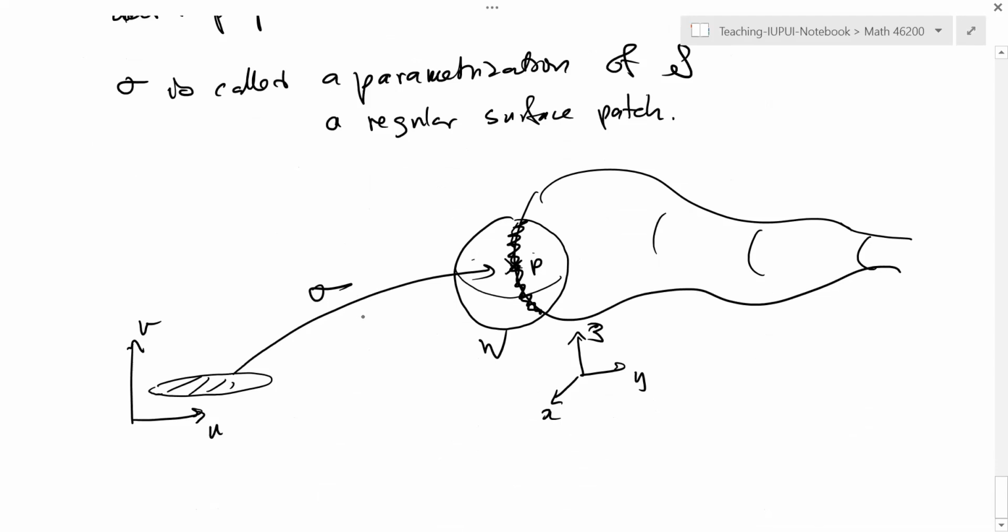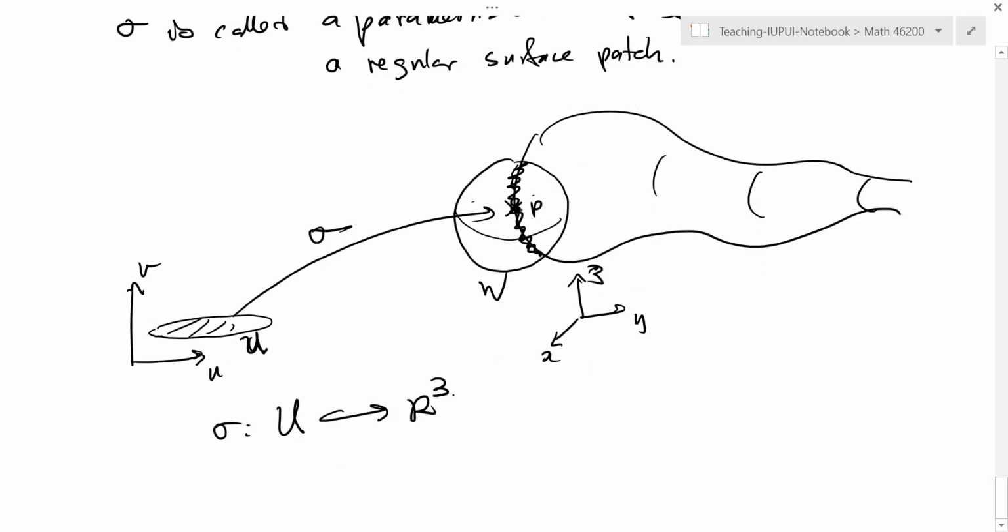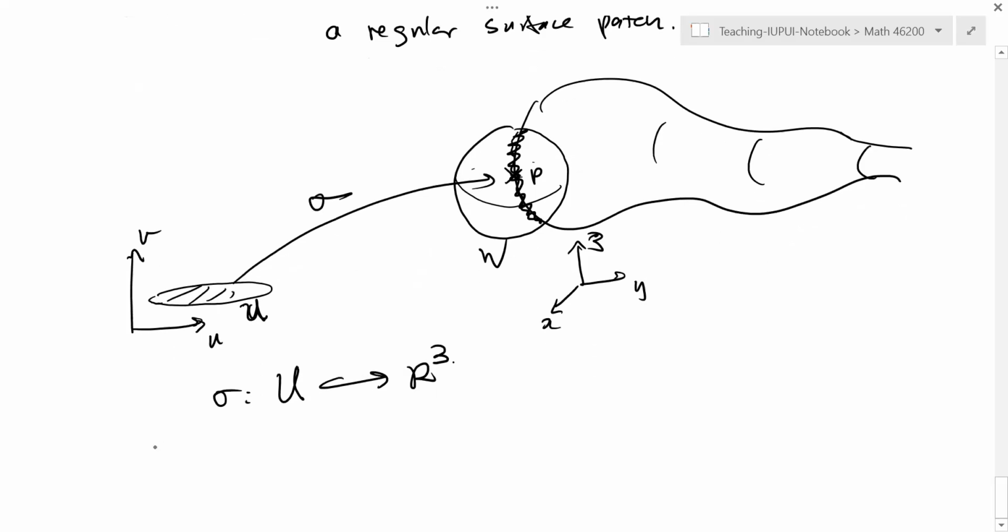Sigma is just a function of u into R3. It's just a vector-valued function. So it's differentiable, and another property is that it's regular in the sense that those two are linearly independent. Let me repeat again.